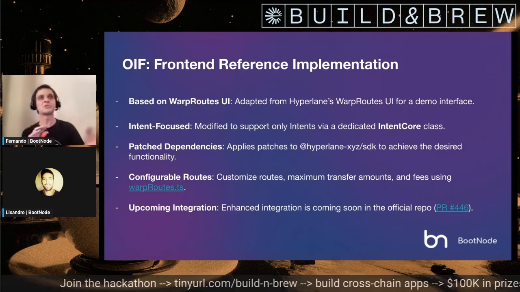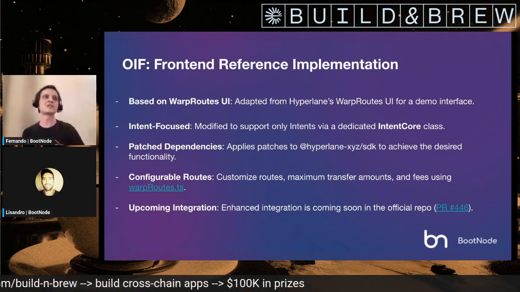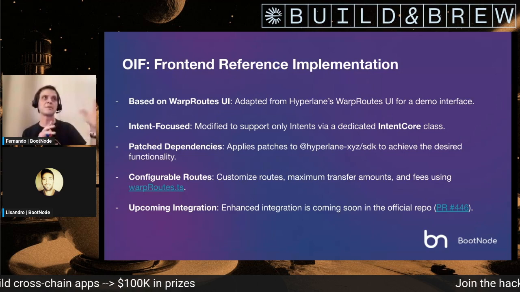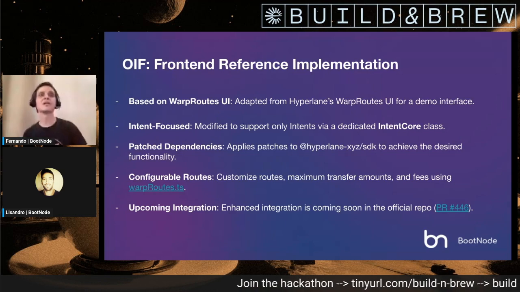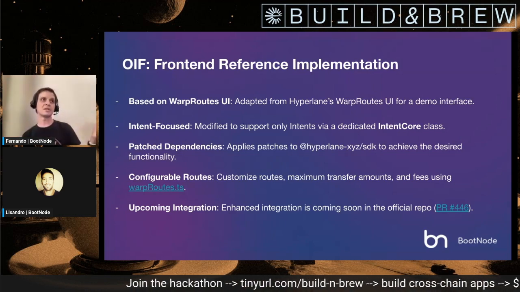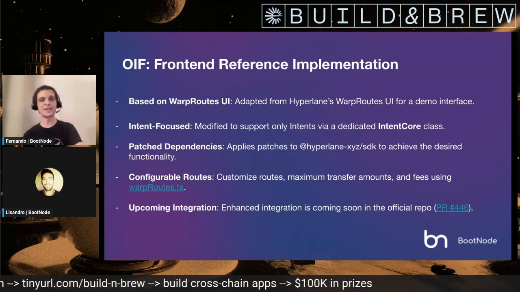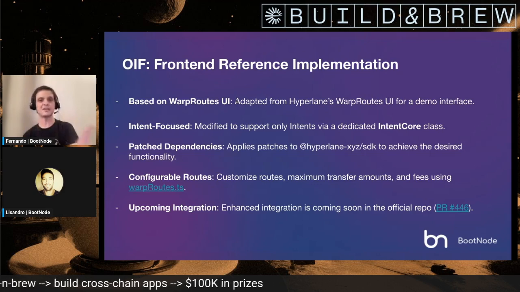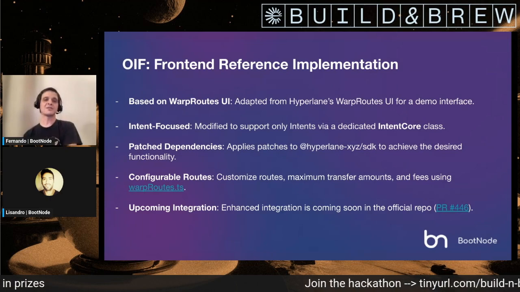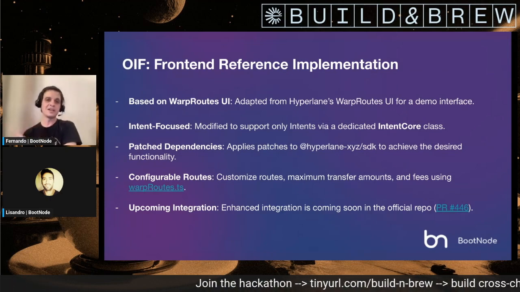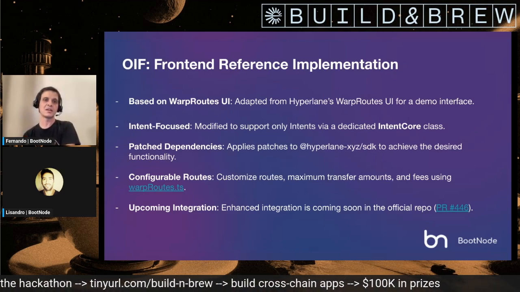This is a hard coded fee that you can set depending on the destination chain and the origin chain, the route that you define. The fee will be what the solver gets from this operation. So basically, the UI is an adaptation, something easy to demonstrate how the framework functions.